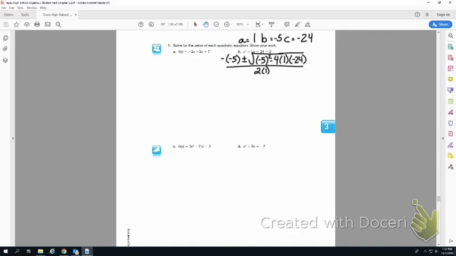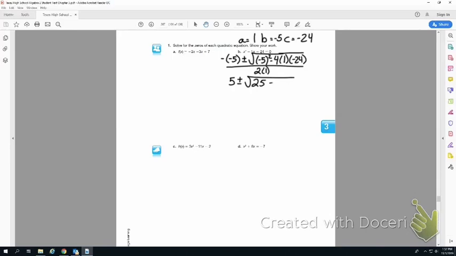So, next I'm going to get rid of all the parentheses. I've got the -5, which turns into +5. I've got -5 squared, which is what? 25. I've got -4 times 1, which doesn't really do anything. So -4 times -24 gives me, I believe, 96. Someone check that.